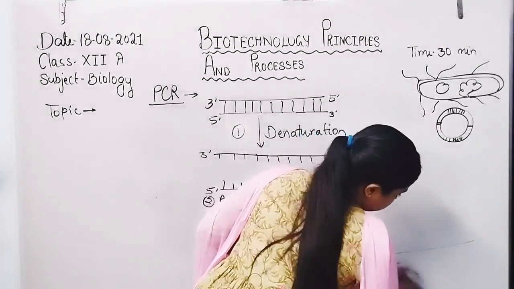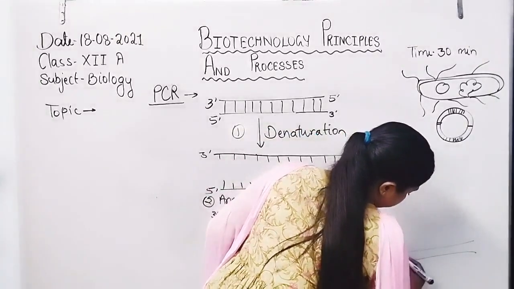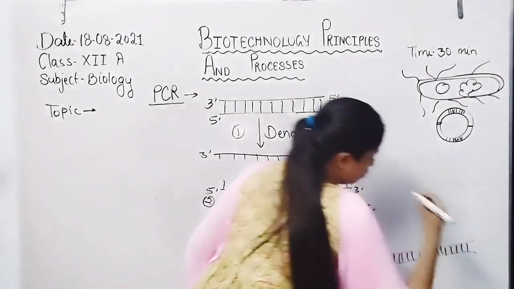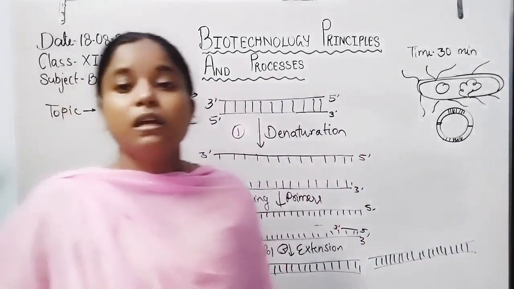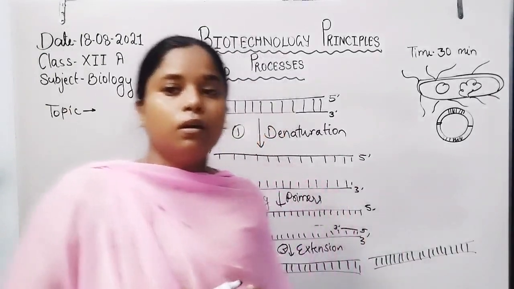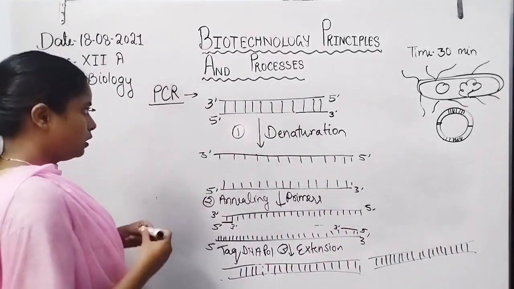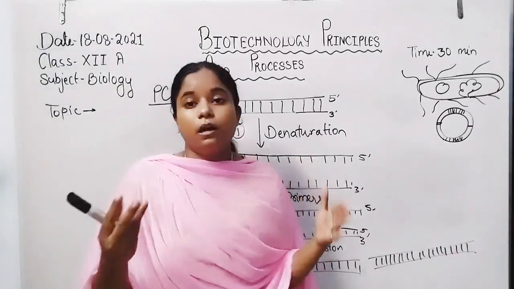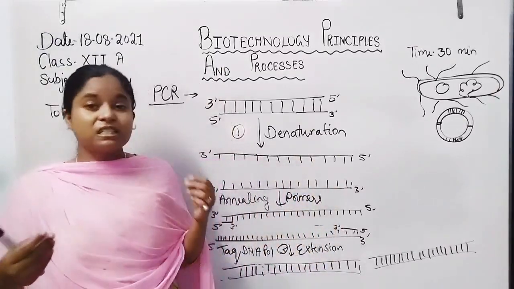So here is another strand, this one is another strand. So overall both the strands get synthesized by the use of all these steps. Now after the PCR we copy our desired genome billions of times.